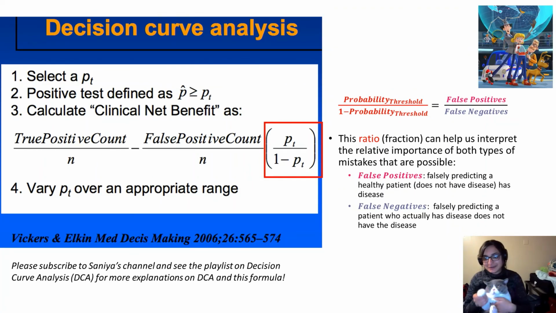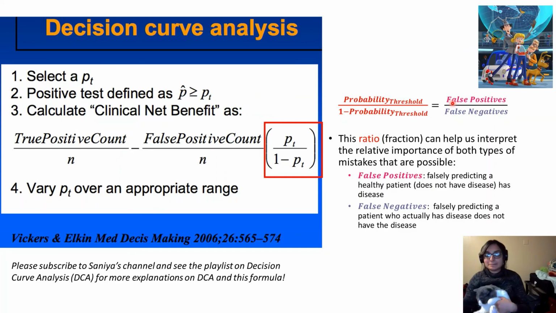So I really hope that you found this helpful to wrap your mind around why the probability threshold over 1 minus probability threshold is a way for us to inherently weigh the harms of false positives and false negatives. It's like a currency. We can show how we prefer the mistakes of false positives to the mistakes of false negatives.